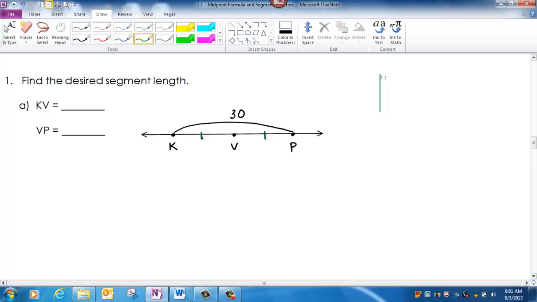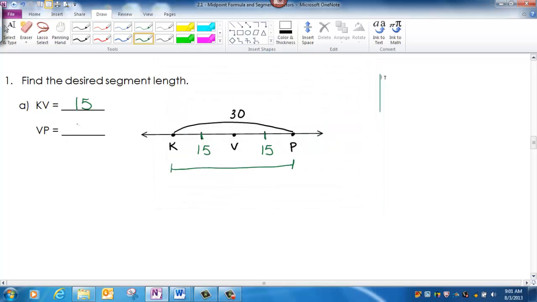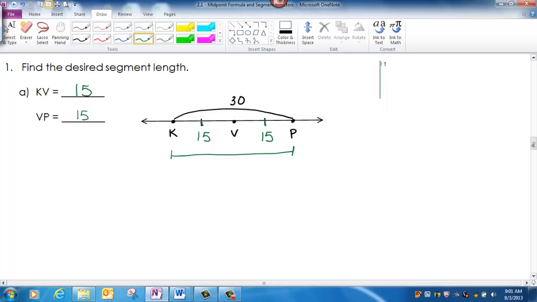So if the entire length from K all the way to P is 30 units long, and KV is the same as VP, well then what would KV and VP both be? Well, you would just take 30 and divide it by 2, which then gives you a length of 15. And if KV is 15, then VP is 15.